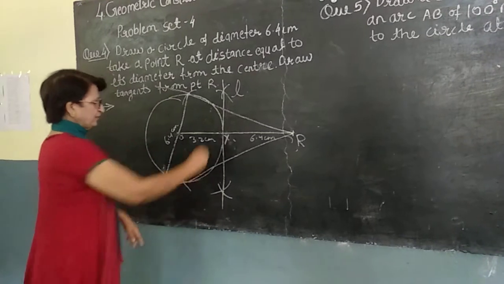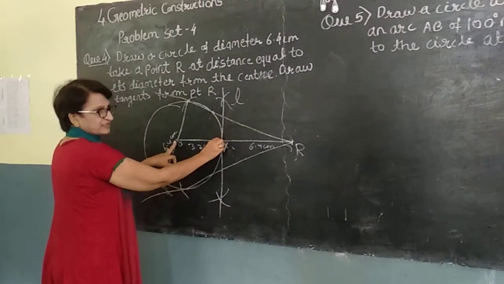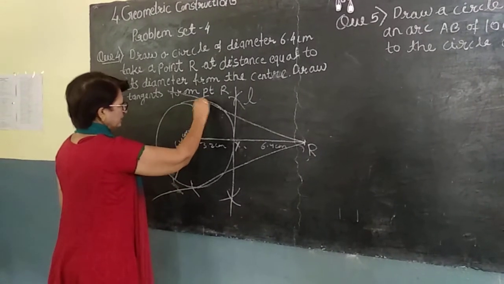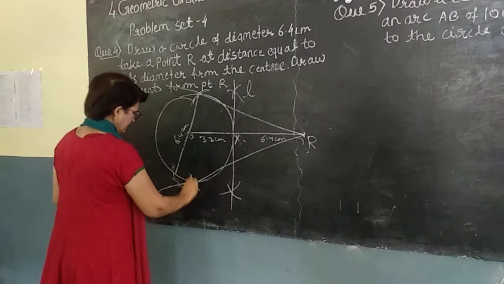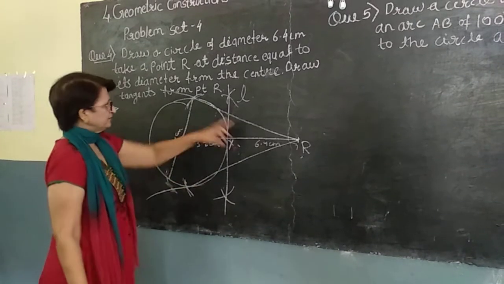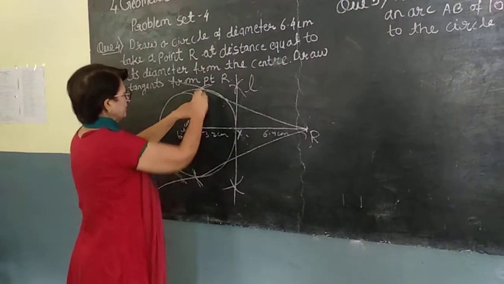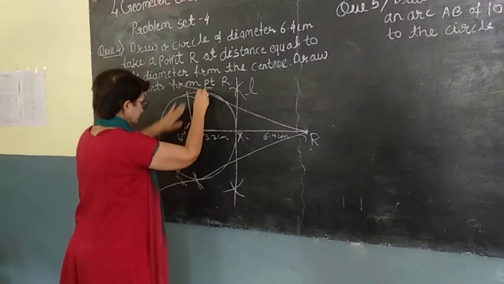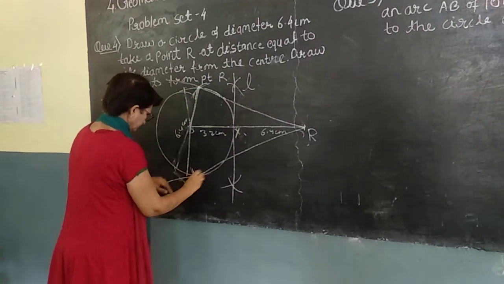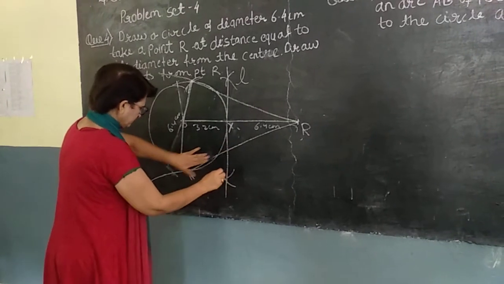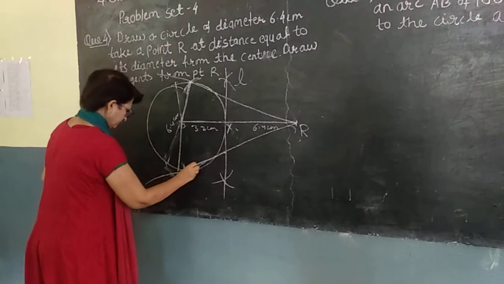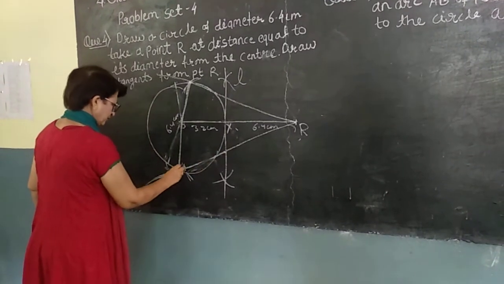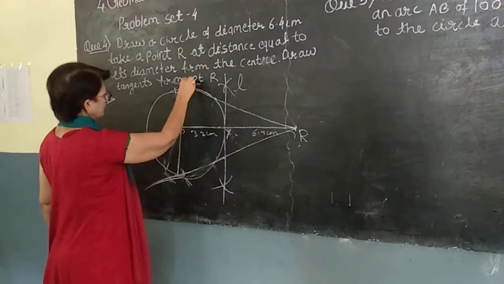What I told you: from X, when you take OX as the radius, you can either draw a semicircle, or you can just cut the arc on the circle. Then you will get it. Then join R and this point, wherever it is. Like this. Okay, so mark it.